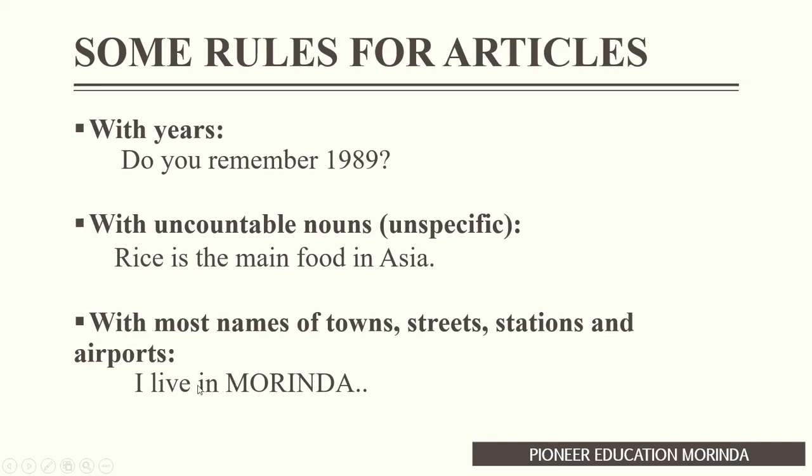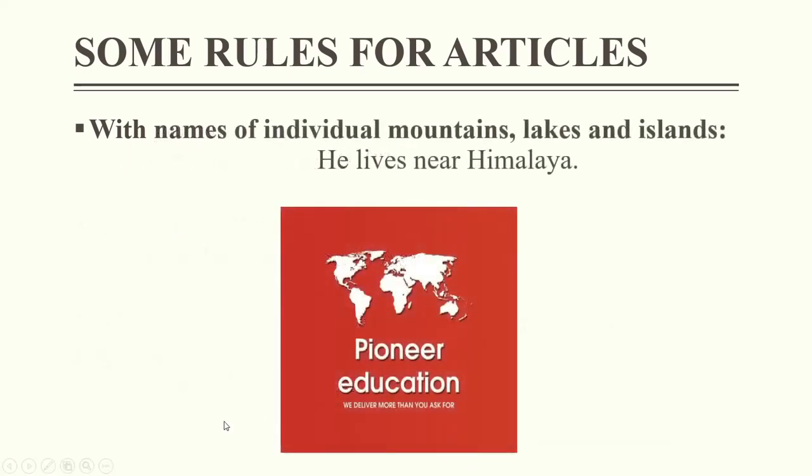For example, I live in Morinda. With names of individual mountains, lakes and islands, we do not use any articles. He lives near Himalaya. When we are talking about mountain ranges, we use the, but when we are talking about individual mountains, then we do not use any articles.